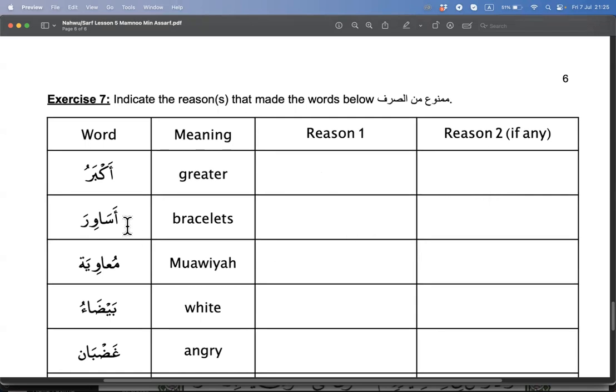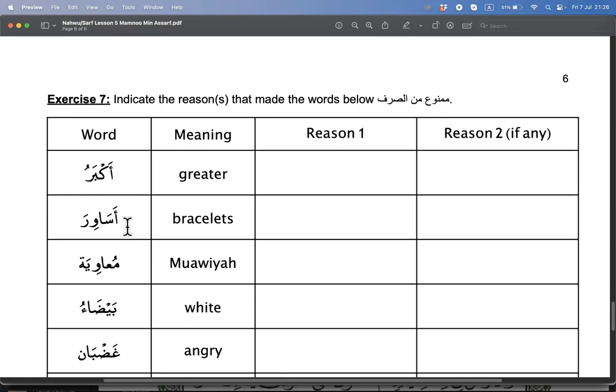Next one, asawiro. Think about it. It's not a description, so only one reason. Yes. In the words that only take one reason, what are the patterns?